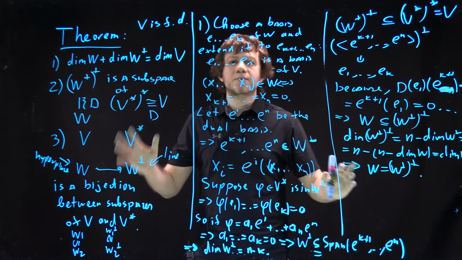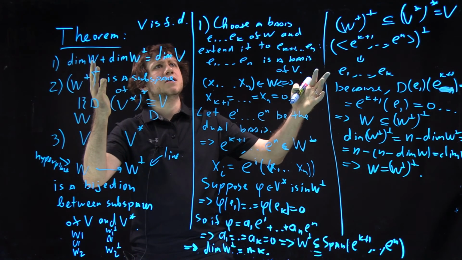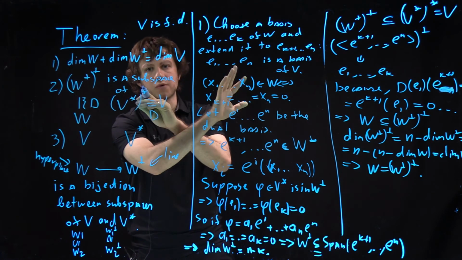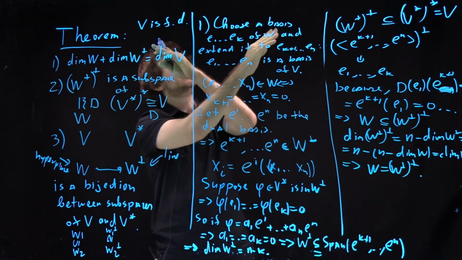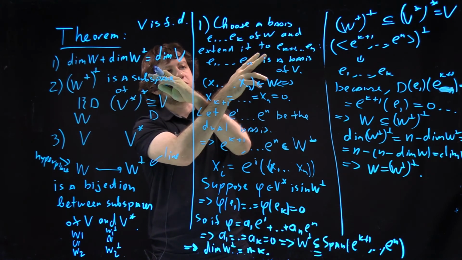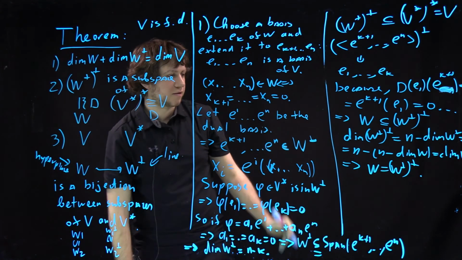You should have an example in mind: in three-dimensional space you have a line and an orthogonal plane. That's all related to orthogonality, but we will talk about it later. If you take a line, the orthogonal plane, and then the orthogonal of that plane, you get your line back. So that's the idea.